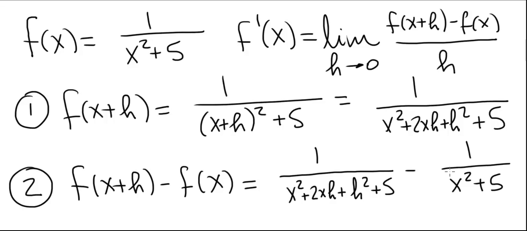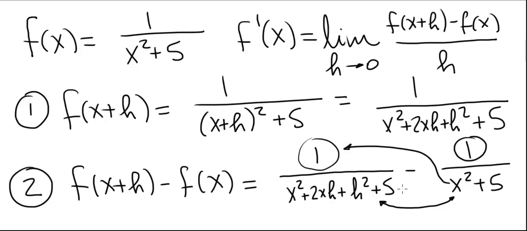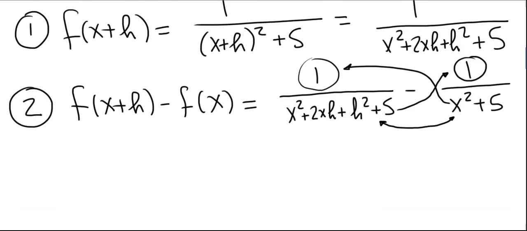Now we're going to combine these using a common denominator, which will be the product of the two denominators. And to do that correctly algebraically, this one here will be multiplied by x squared plus 5, and this one here will be multiplied by the other denominator, x squared plus 2xh plus h squared plus 5. And this is what we get after that.